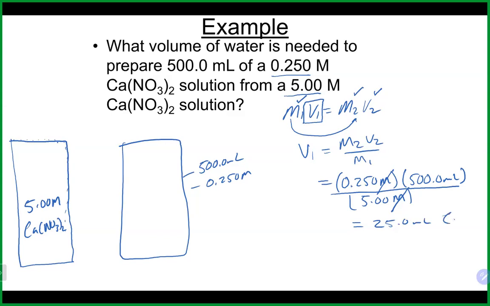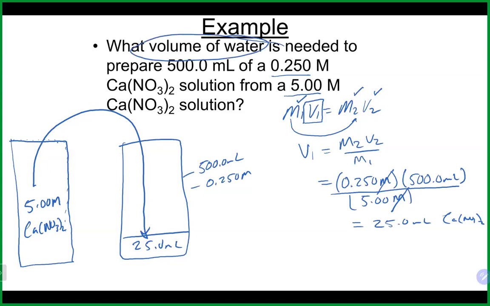That is 25 milliliters of calcium nitrate. That means I would go to my bottle and take out 25 milliliters of it. Is that the answer in this question? It is not. We're actually looking for the water. It wants to know how much water is there. Our final volume is 500 milliliters.